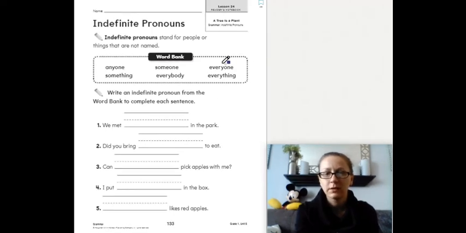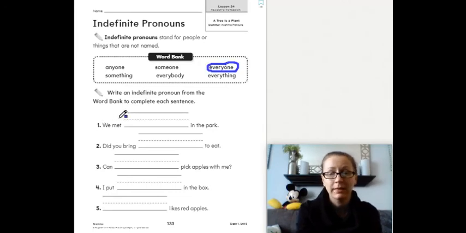So we are going to use everyone because we're talking about many people. We use the pronoun we in the first part of our sentence. So we're going to write everyone here. So you can go ahead and copy this with me. Make sure that you're spelling it correctly, and that you circled it so we know we use it. So here is everyone.